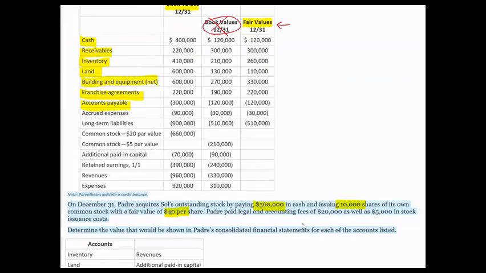The question is, what is the net amount of fair value of them? It's going to equal the fair value of the total identifiable assets minus the fair value of the total identifiable liabilities. So this is the assets minus the liabilities.